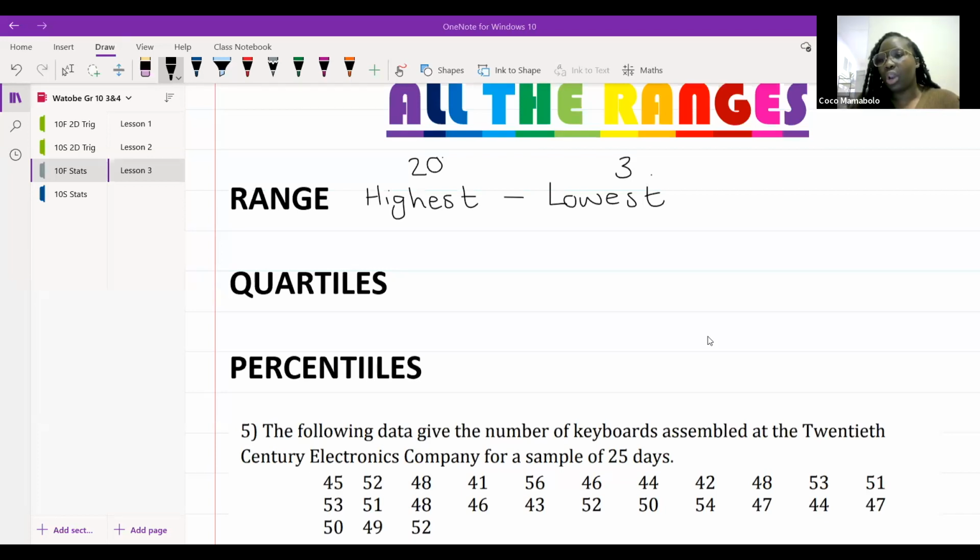So the first thing we're going to do on Wednesday is talk about Q1, Q2, and Q3. Just keep that in mind. We call them quartiles. Quartile 1, quartile 2, quartile 3.